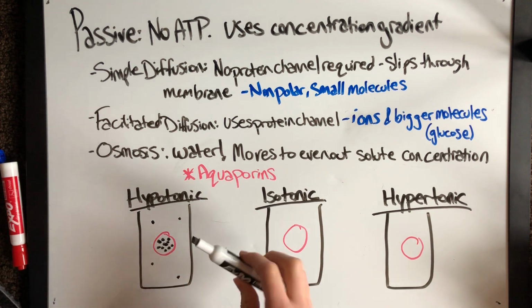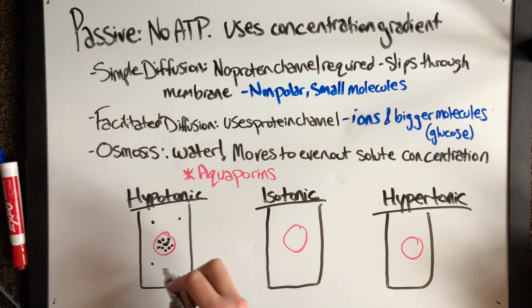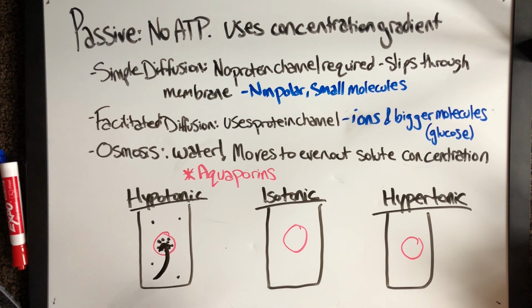So water is going to want to move into the cell to balance out that concentration. When water moves in, we are increasing the amount of stuff in the cell overall. So it's going to swell. And because we're talking about red blood cells, in our bodies they do not have cell walls. So it's going to swell and possibly burst.